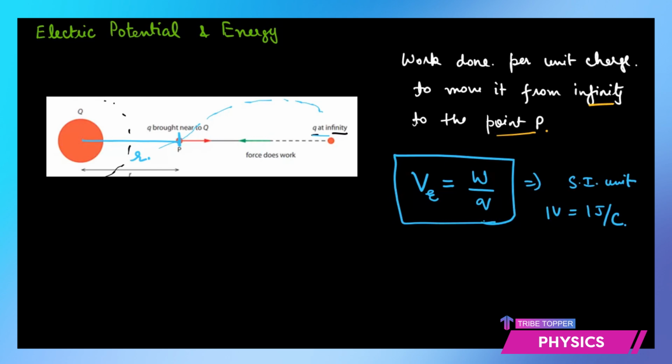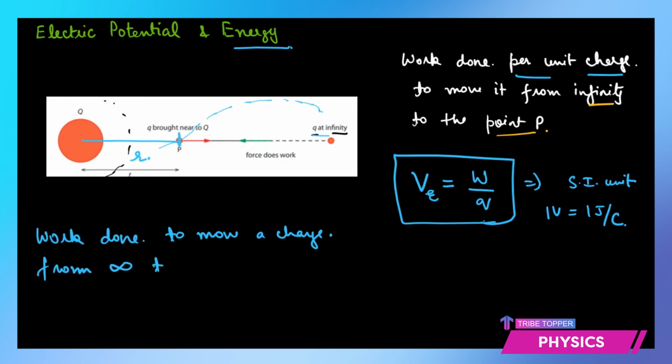Then comes the energy. So energy is the work done to move the charge, right? The work done per unit charge gives you the electric potential, but the work done, not per unit charge, but work done to move a charge from infinity to the point P, that is called the electric potential energy.